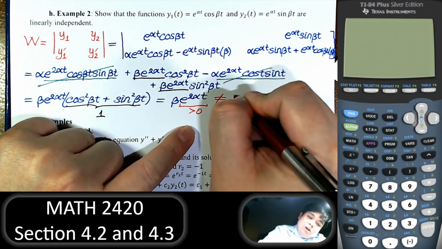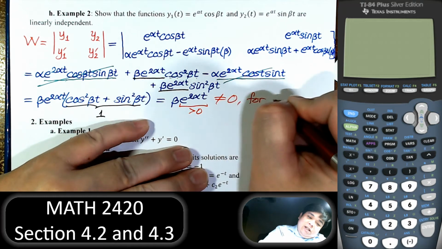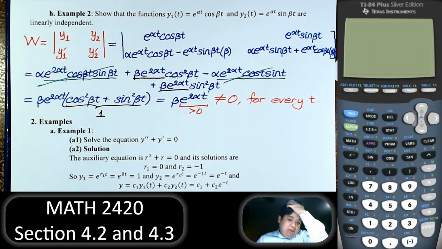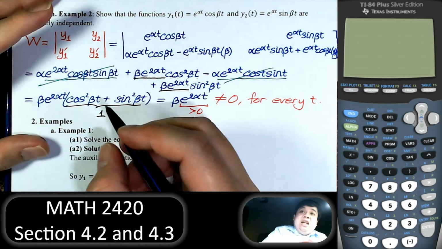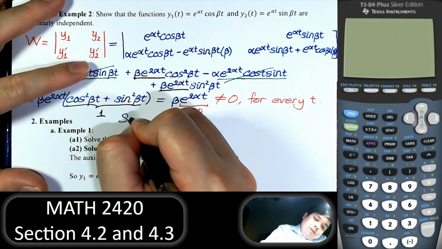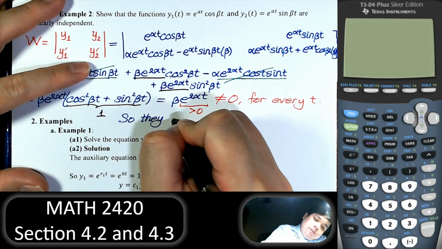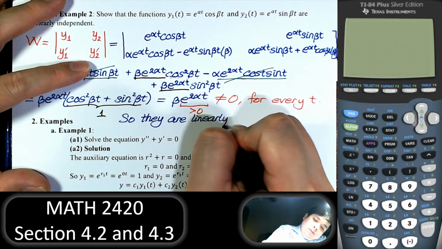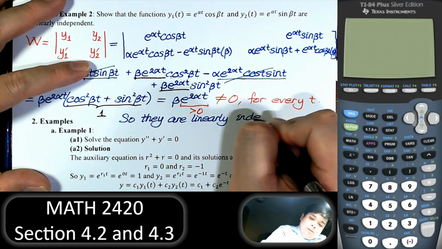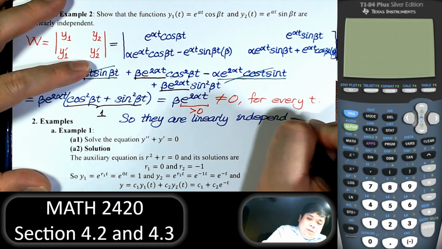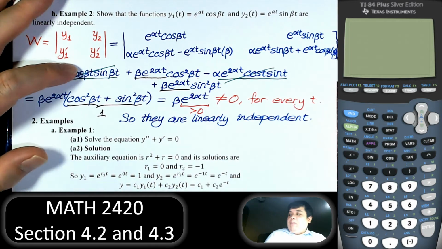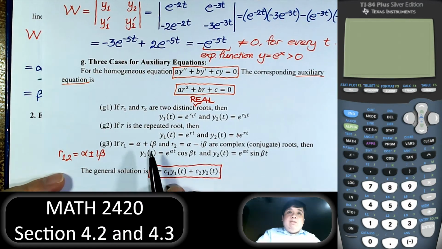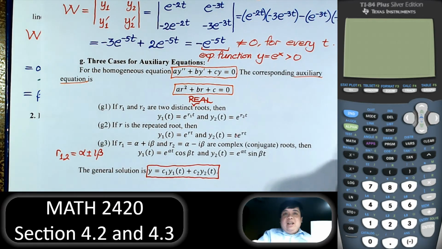So this is not equal to 0 for every t. So if they are not equal to 0 for every t, they will be linearly independent. Which shows that if the solution is in this form, they will be linearly independent.